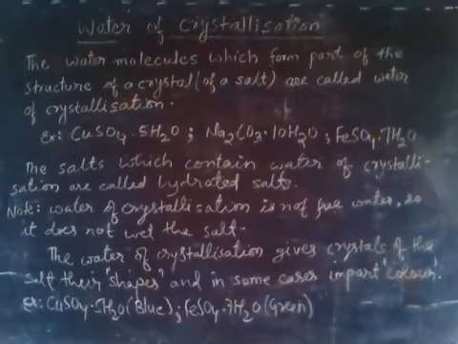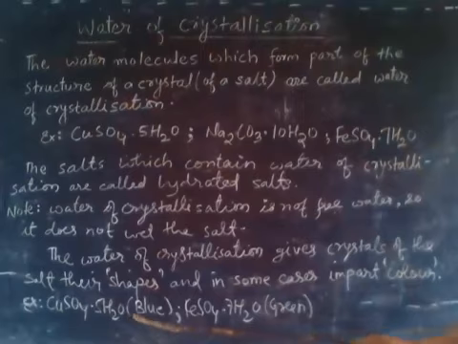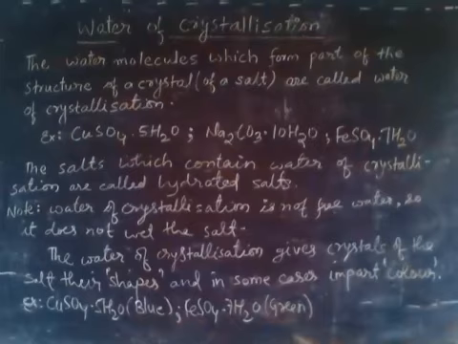If you see the crystals, you will find that they are green in color. So these water molecules provide them the color also. That's why I give the example: copper sulfate pentahydrate, blue; ferrous sulfate heptahydrate, green.